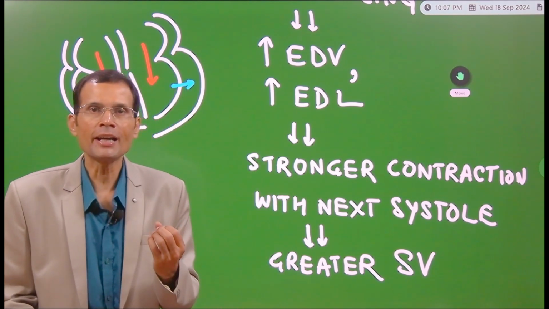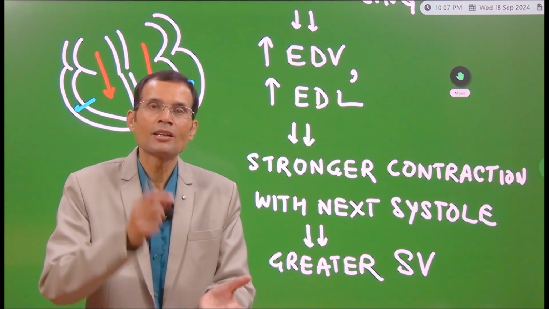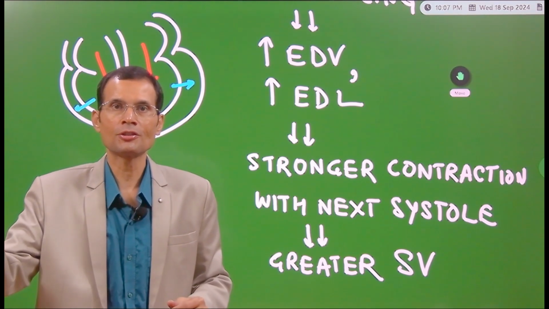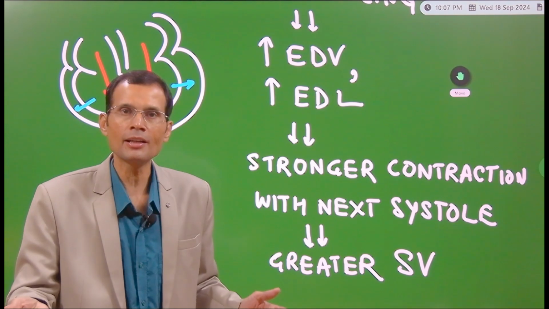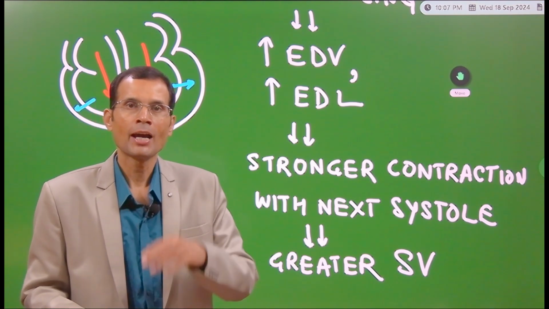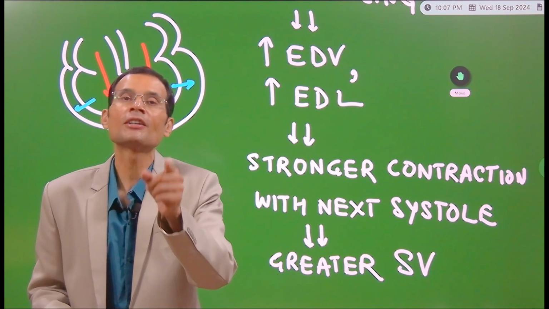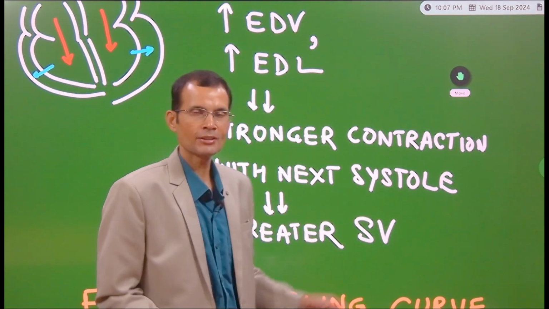So the greater the end diastolic length, the greater is the length for the next contraction. At the start of the next systole, there will be a greater length of the ventricular muscle fiber, and greater length will produce, of course, a stronger contraction with the next systole.